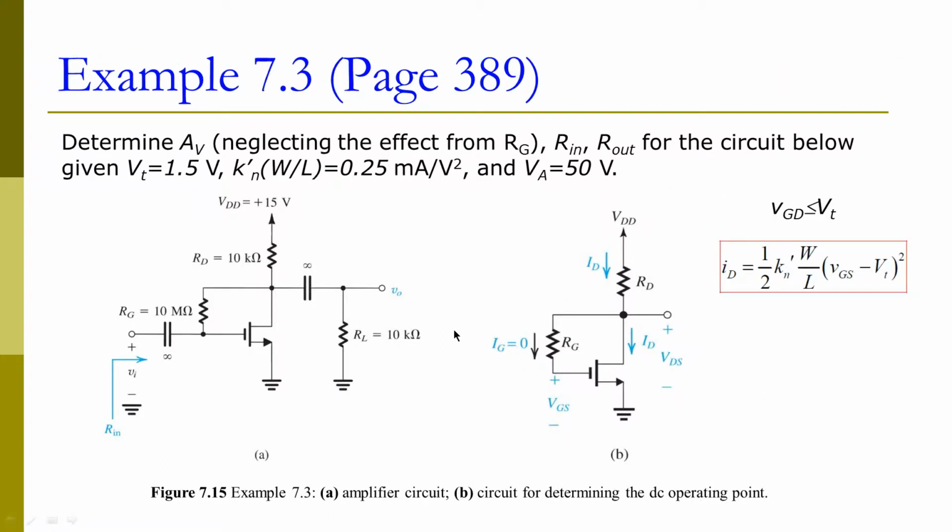Now let's discuss a few examples for the MOSFET-based amplifier. In this example here, we are going to determine our voltage gain Av, and also calculate the input impedance and output impedance, given the conditions Vt equals 1.5 volts, Kn prime W over L equals 0.25 milliamps per volt squared, and VA equals 50 volts.